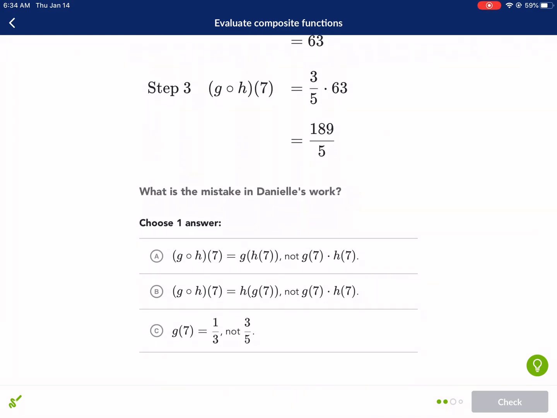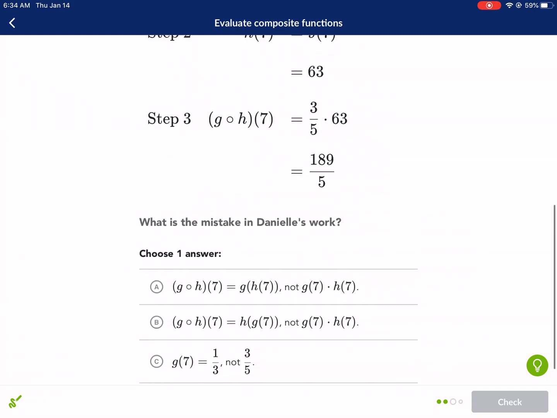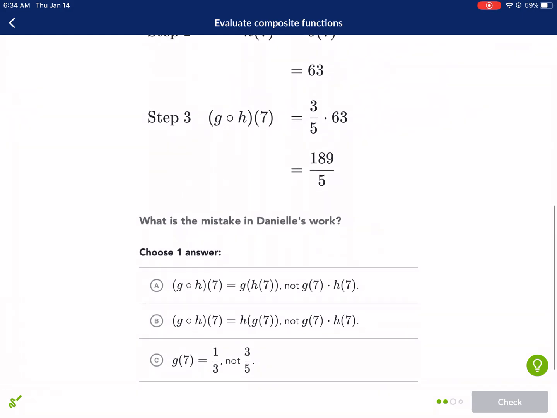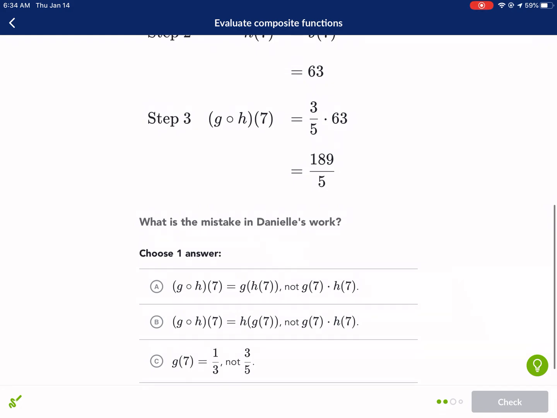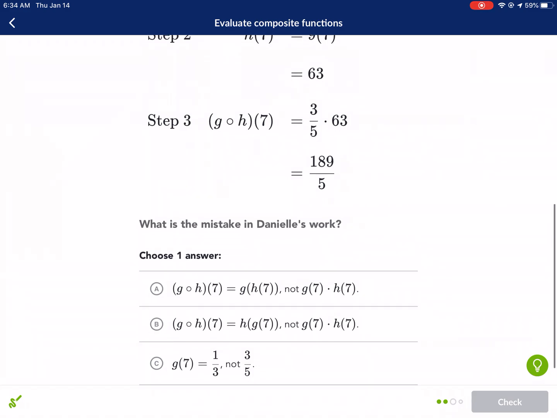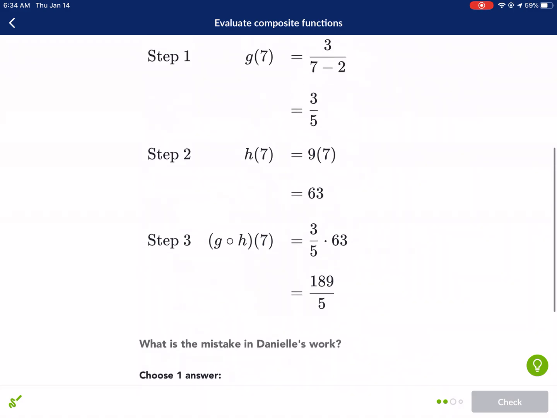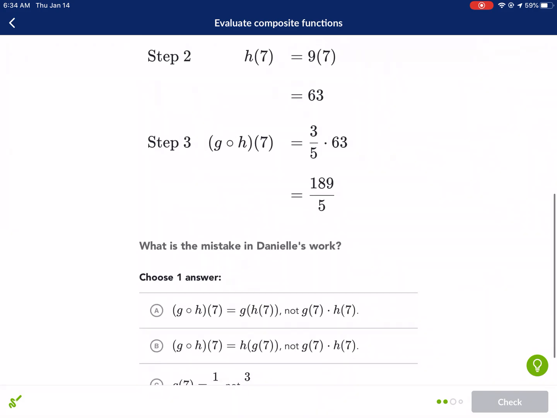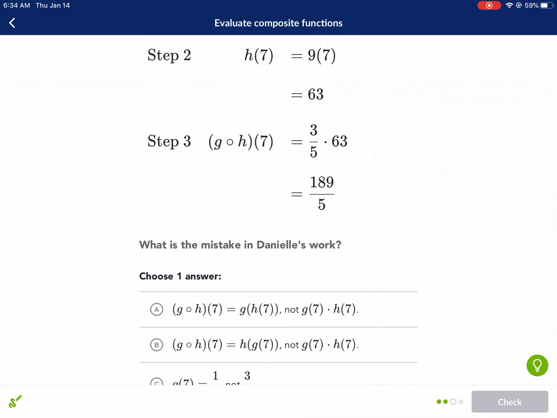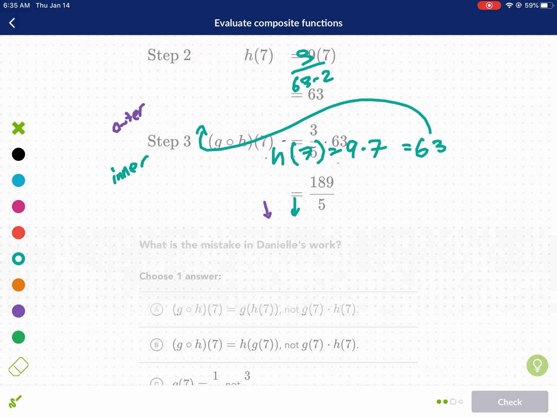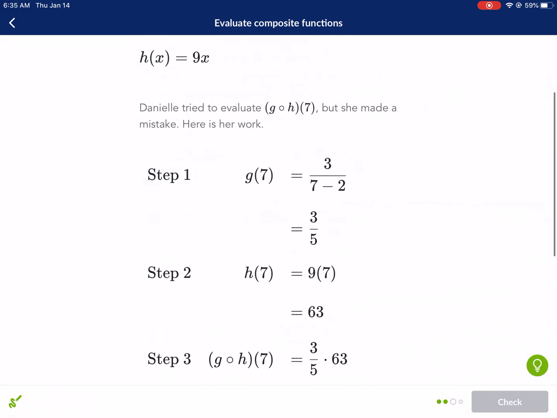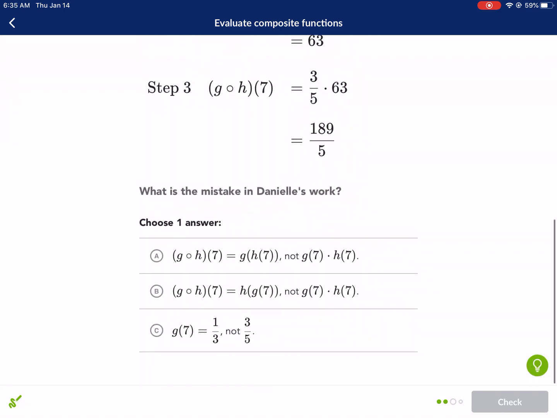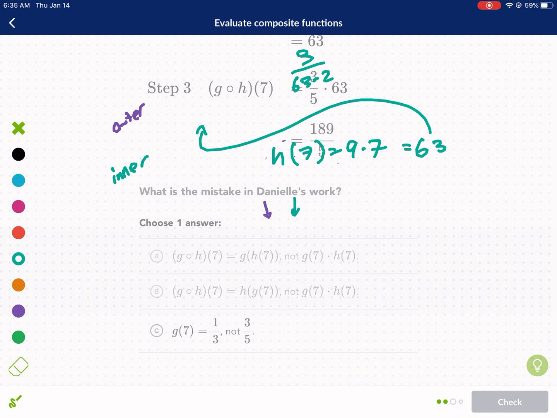What is the mistake in Danielle's work? Okay, hold on, I'm trying to see what it's trying to say here. G of h of 7, okay, is equal to, it's trying to tell us the correct answer here. Remember, our inner function here was h. So the inner one's got to be h here.